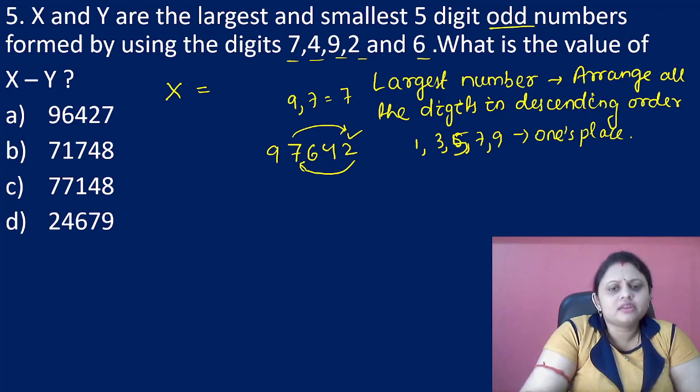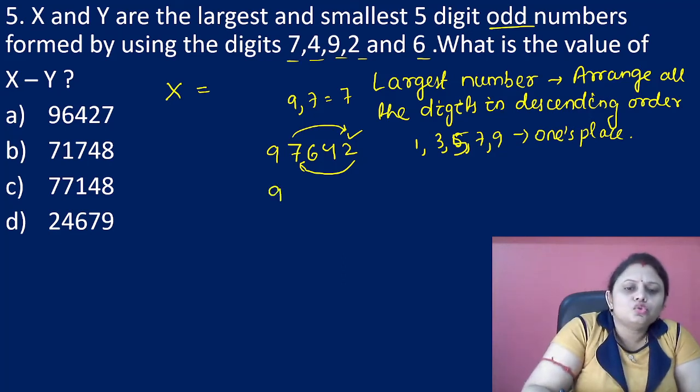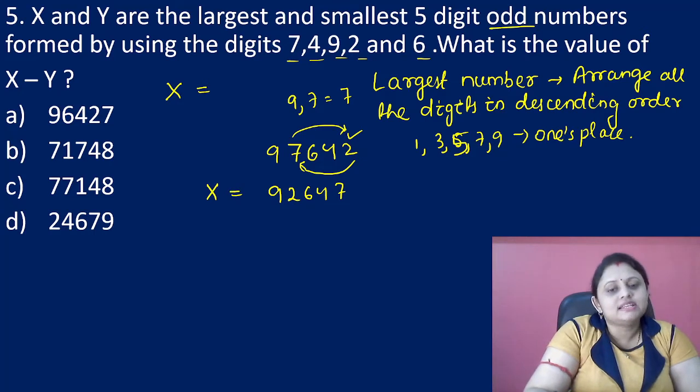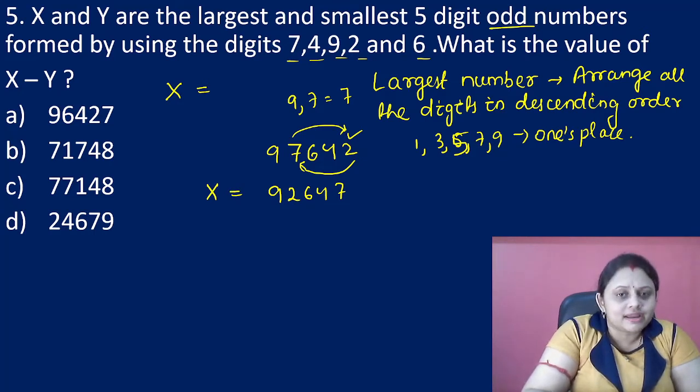That is 7. So we interchange 7 and 2. So 9 2 6 4 7. It will be our X. That means it is the number found by using the above digits. Okay, that is the largest odd number.